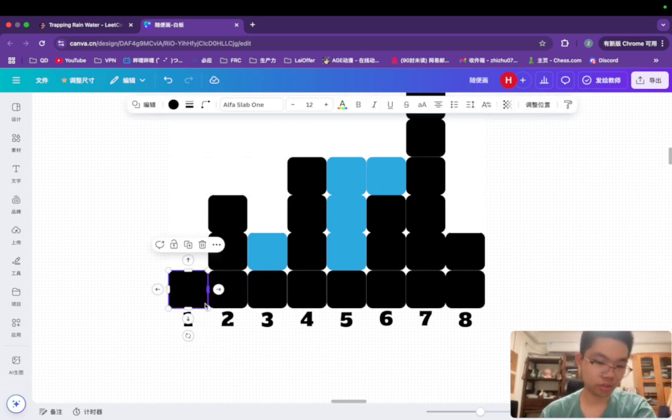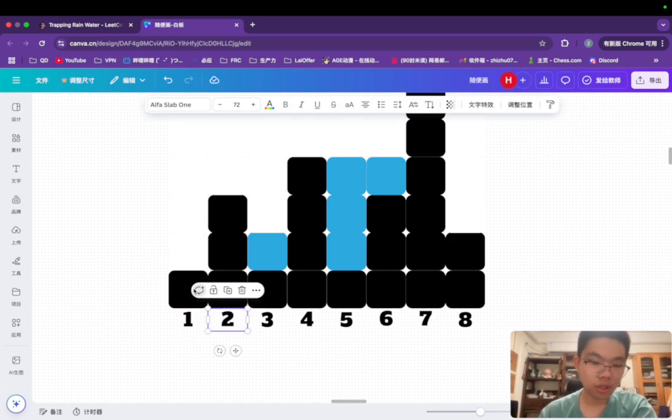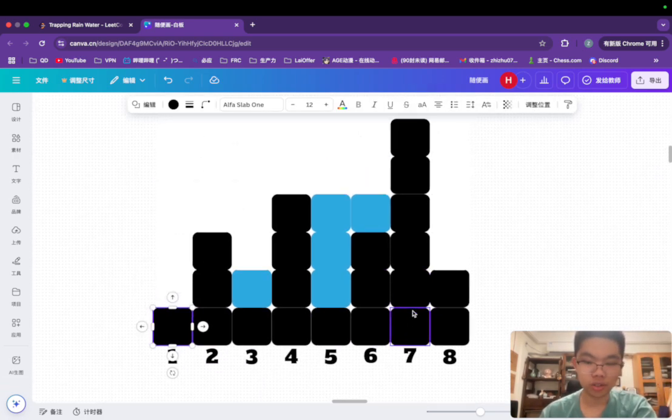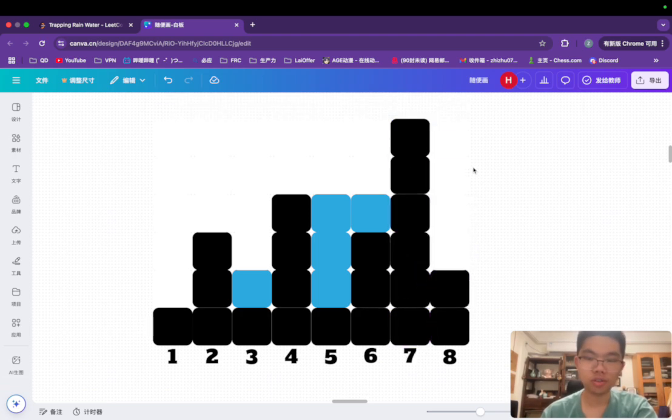So for instance, for the first location, the highest one on its right is this one, 1 2 3 4 5 6, so it's 6. And the highest one on its left hand side is basically nothing, so we can just say it's 0. And the smaller one between 0 and 6 is 0. Since 1 is larger than 0, we cannot hold any water at this position.